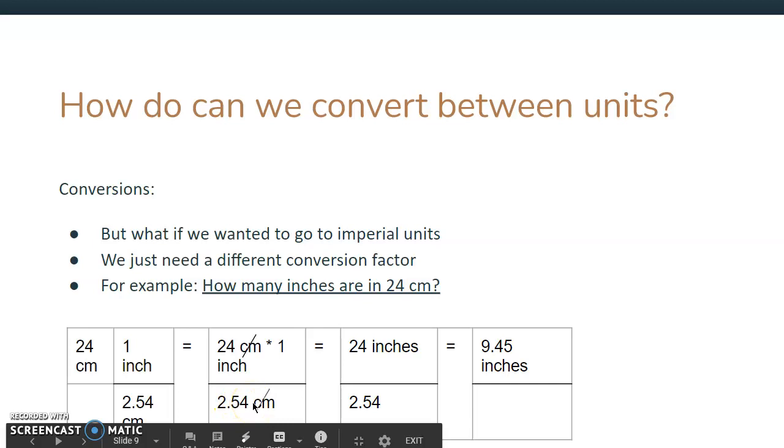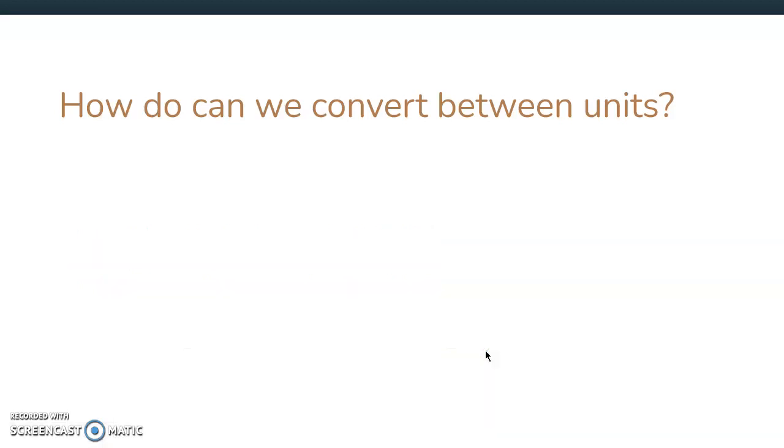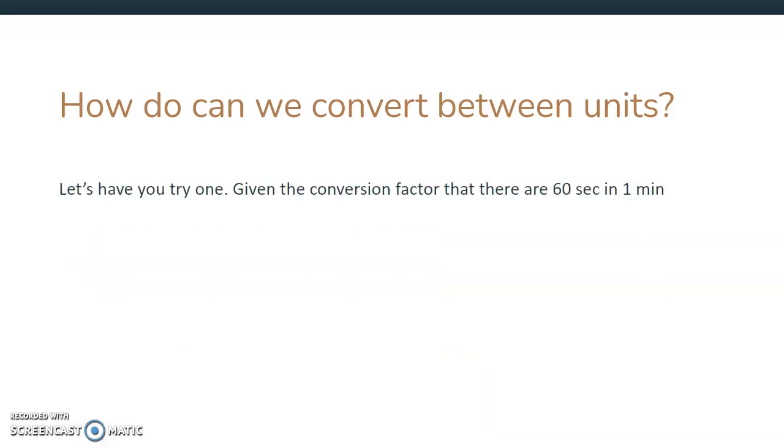Let's simplify these by crossing out our centimeters, and then we'll get 24 inches divided by 2.54, and this is when I would use a calculator, and the answer is 9.45 inches. So there's that. Let's do one more, or I think maybe a couple more.